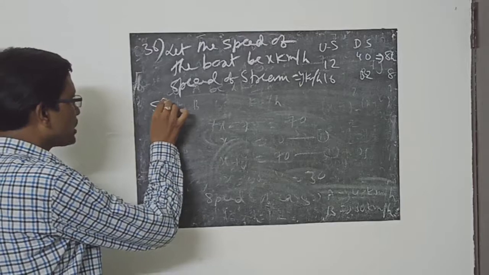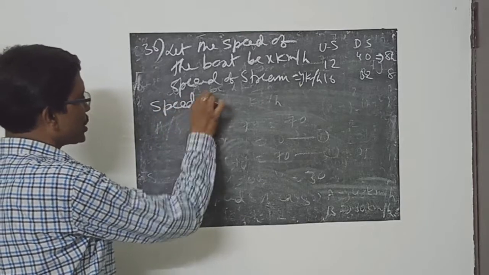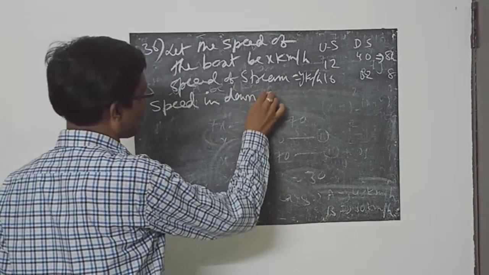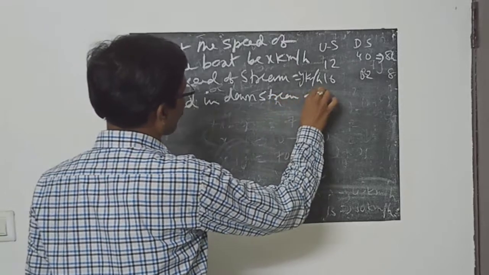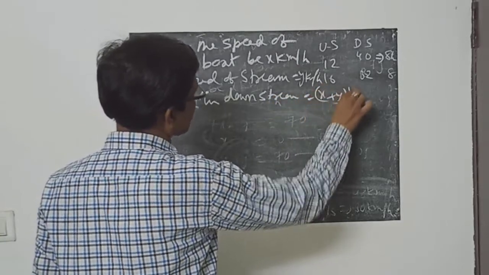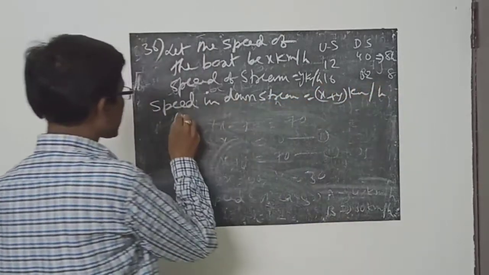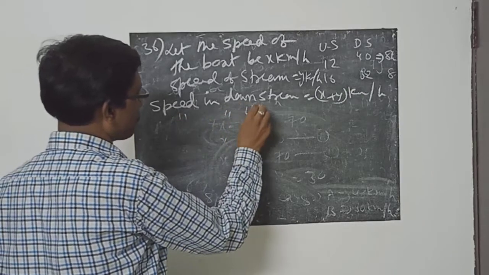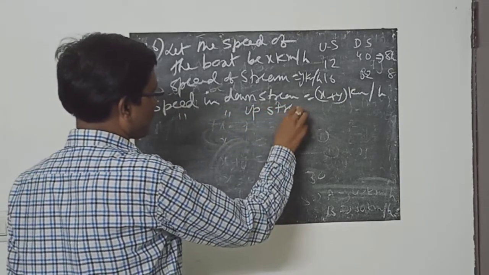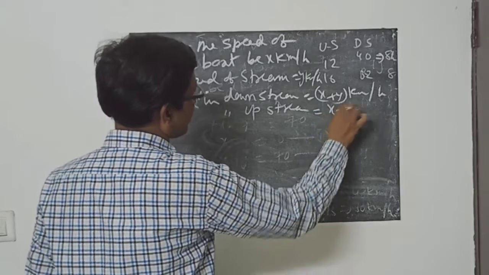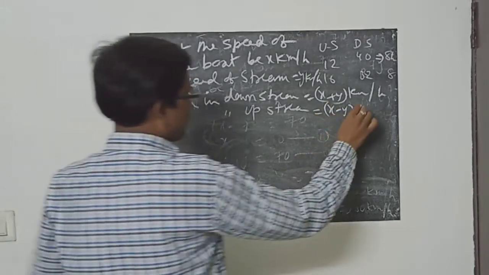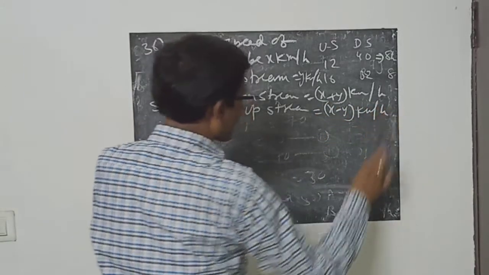Therefore, speed in downstream equal to x plus y kilometer per hour, and speed in upstream, you can say always boat minus stream, that's x minus y kilometer per hour.